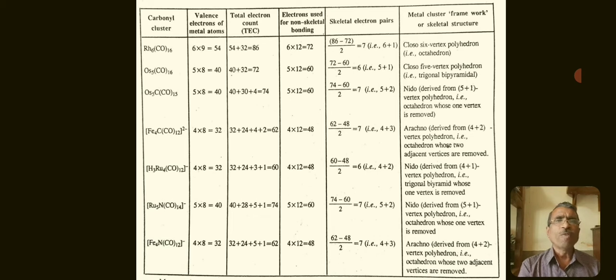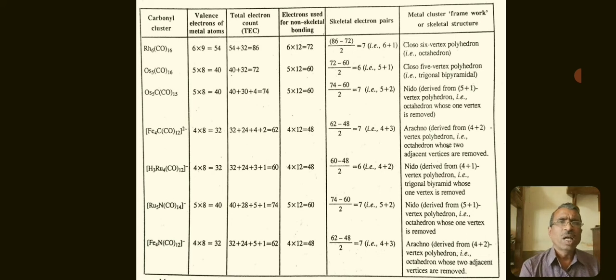Therefore, total valence electrons are 8 into 5, that is 40. Now, 16 carbonyls are attached to this complex, so the electrons from the 16 carbonyls are 32 electrons. Add 32 to the 40, it becomes 72 electrons.